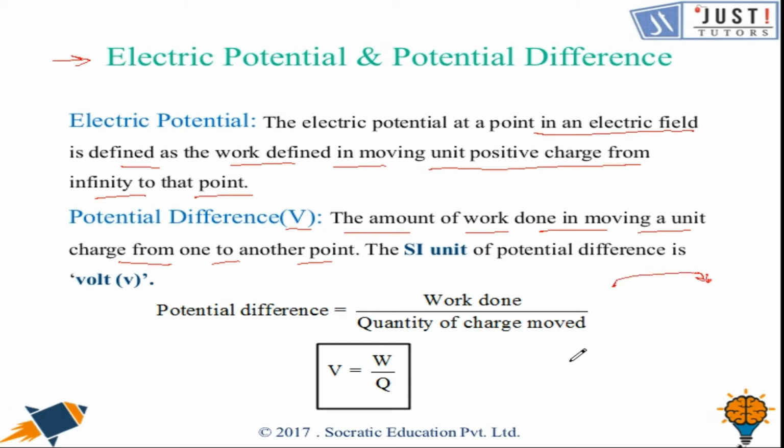Or we can just say, let's say that these are 2 points. From infinity, the work done to move charge to this point, and the difference between these amounts of work is potential difference. We can say potential difference is also work done over quantity of charge moved, and the formula we get is V is equal to W over Q, where W is work done, Q is quantity of charge moved.